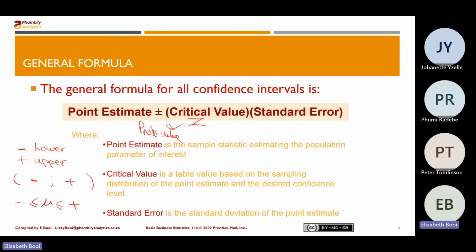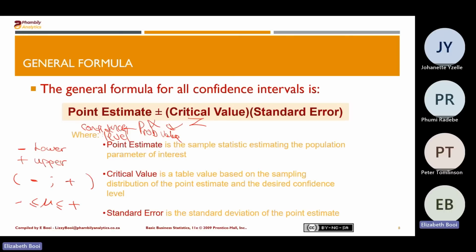I'm trying to simplify it even further. So what did I say? Critical value is your probability value. And where do we find that probability value? From the confidence level. From this confidence level, we're going to find the probability value, which is our alpha value, which is also called our level of significance.